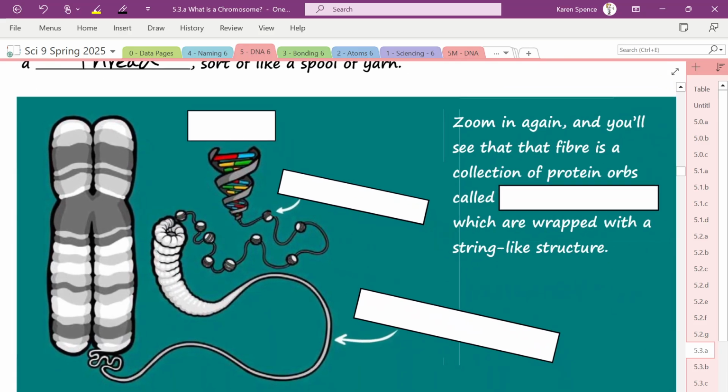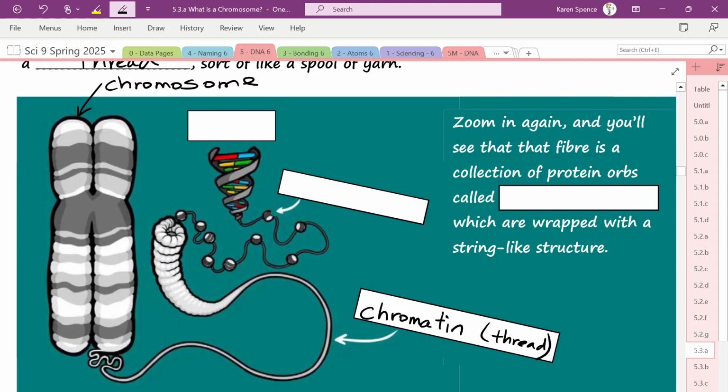And so here we have our chromosome. It's made out of the chromatin, which is like the thread. And then if we take it apart even further, we can unwind that thread. You know how like yarn is often made of many pieces, right?